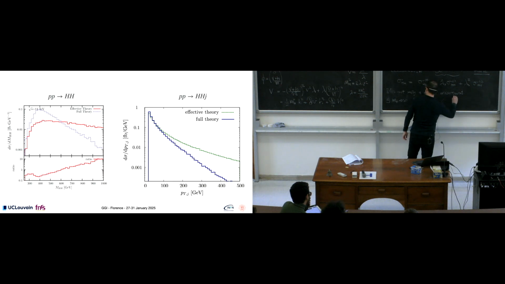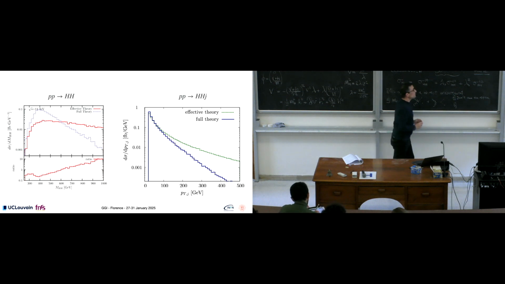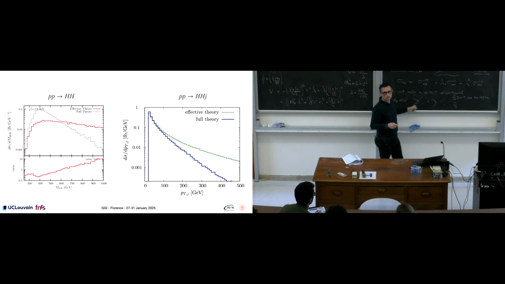One, don't use the EFT approximation, let me call it approximation. Two, I will be very sensitive to new physics in the loop, because new physics in the loop is my effective field theory.